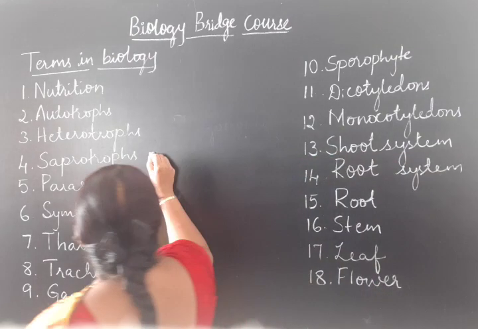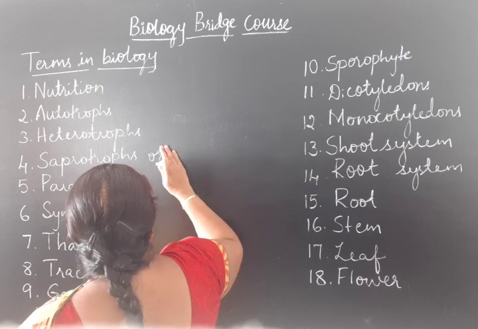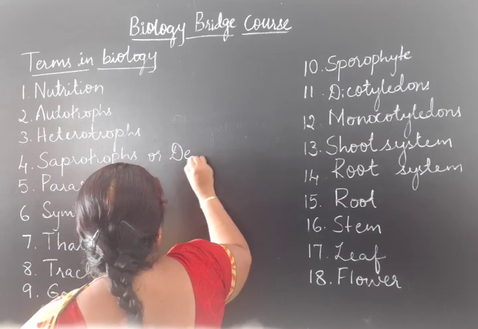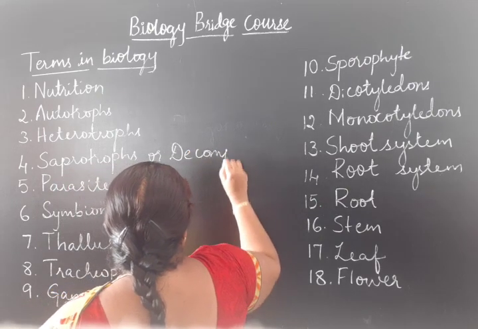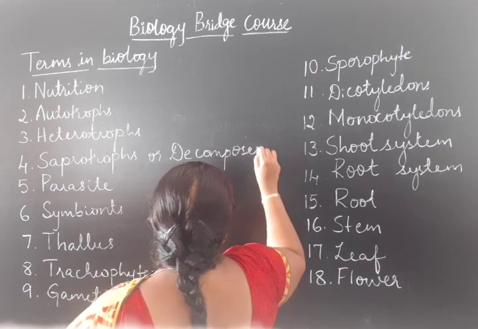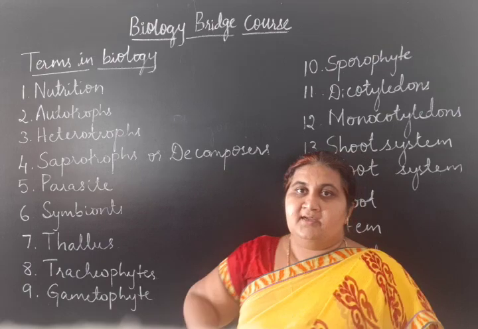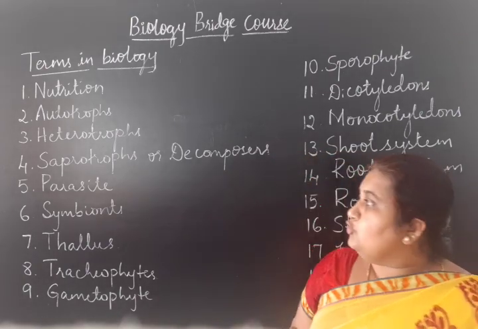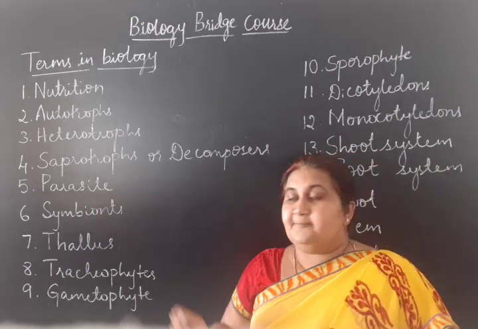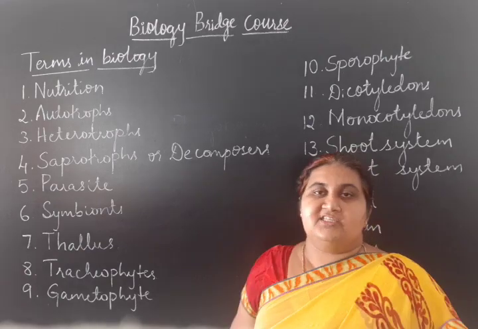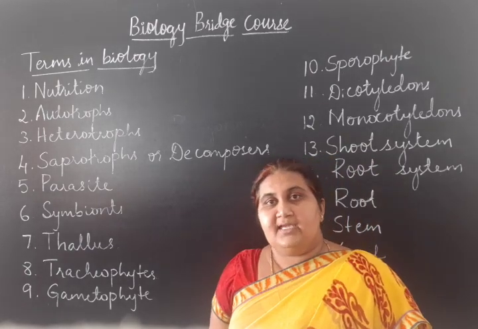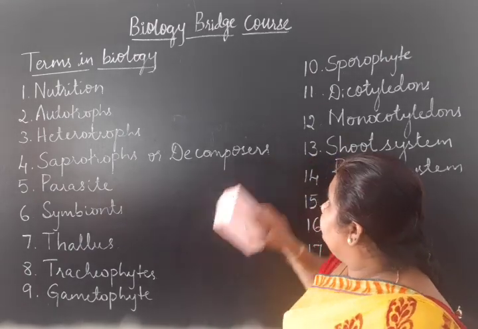Saprotrophs, or decomposers, include bacteria and fungi. They get their nourishment from the dead and decaying matter.